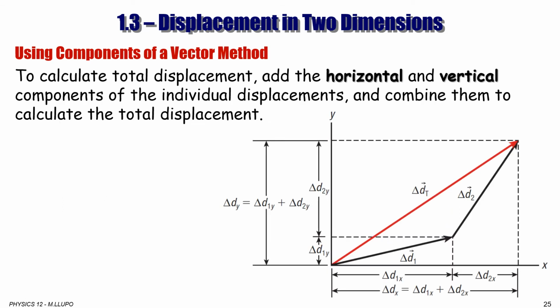The same way we use vectors a and b to add and get vector c as the total of a and b, using the x components together and the y components together, and using the Pythagorean theorem to find the magnitude of c, and tan negative 1 to find the angle of c, we can do the same thing now with delta d1 and delta d2.